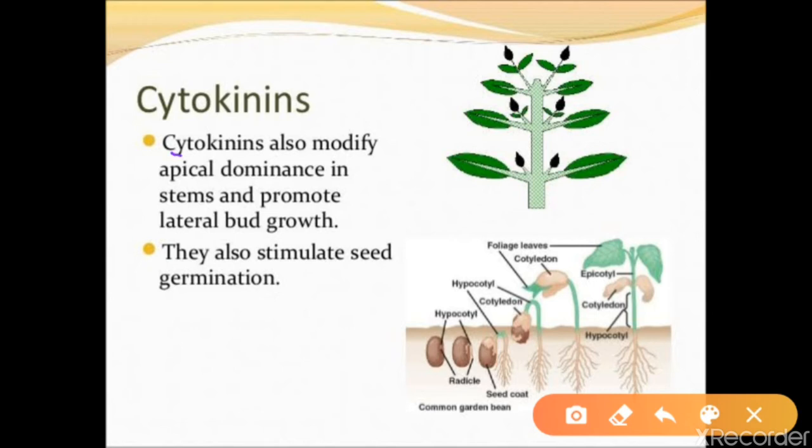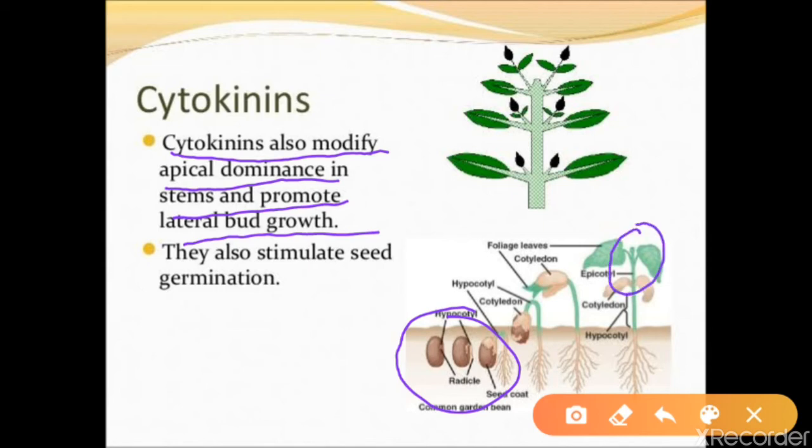Here it is written: cytokinins also modify apical dominance in the stem and promote lateral bud growth. What is lateral bud growth? If there is a bud in the apical part, they promote the lateral growth, that means on this side and this side.